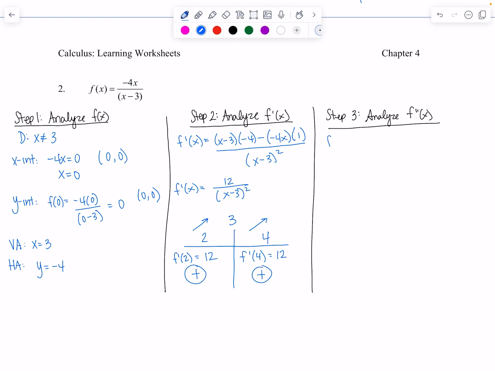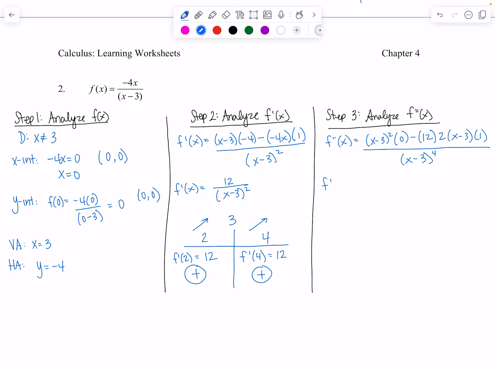Our second derivative, so we have the bottom times the derivative of the top minus the top times the derivative of the bottom, and the bottom squared.